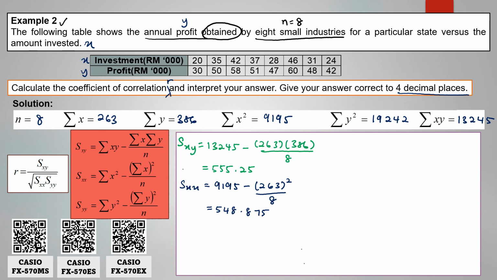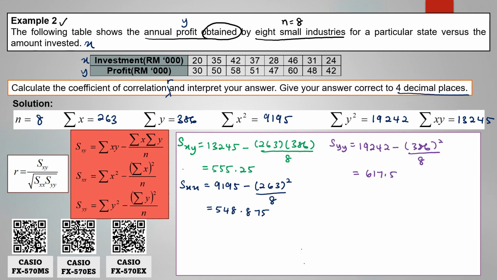The next one is SYY, which is equal to 19,242 minus 386 power of 2 divided by 8. Press your calculator correctly. You will get the answer for SYY is 617.5.